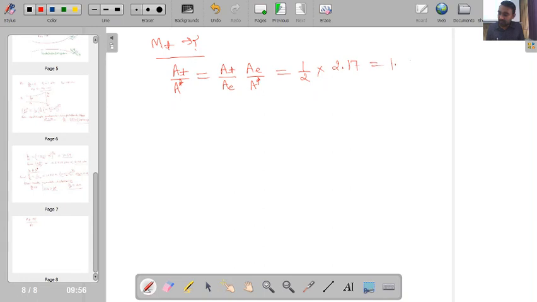This comes out to be 1.085. Now once again I have to apply this A by A star with Mach number relation for the subsonic situation, and I will get Mach number at the throat as 0.72.